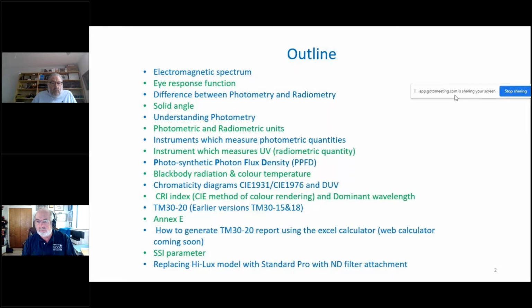I'll show the 1931 and 1976 chromaticity diagrams, the UV, CRI Index, and then I'll get into the TM30-20 report. Earlier versions were TM30-15 and 18, and I'll talk about Annex E of the TM30.